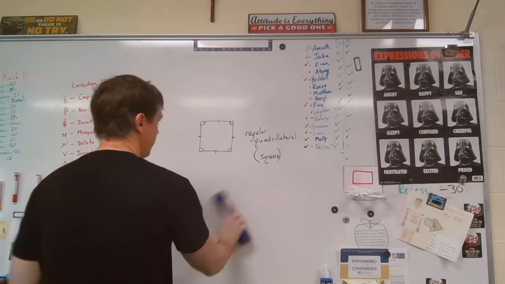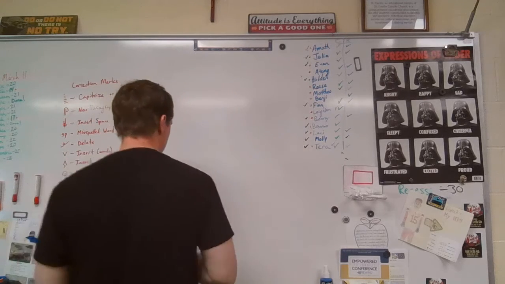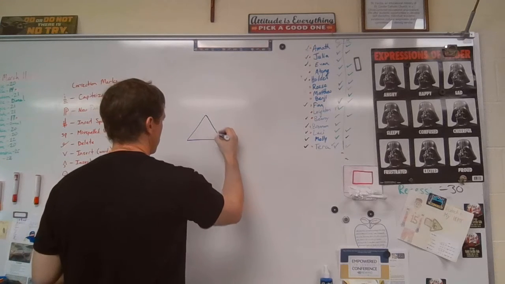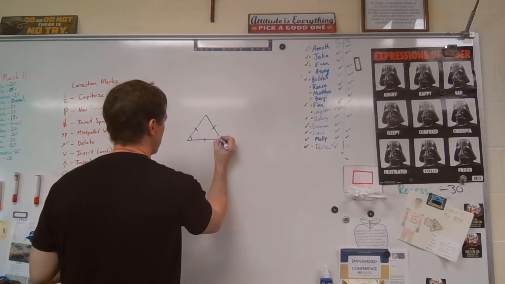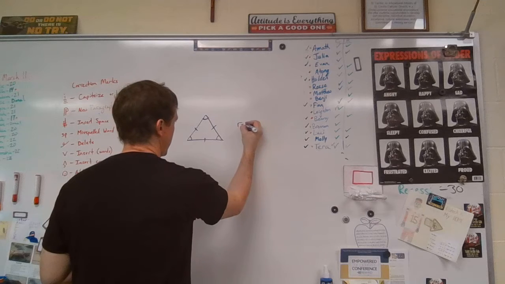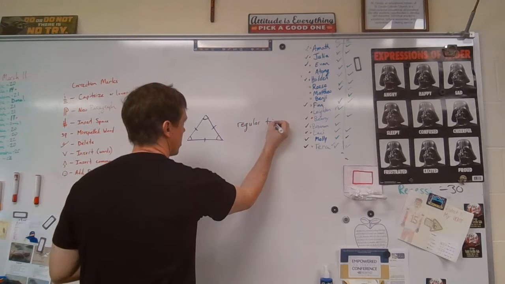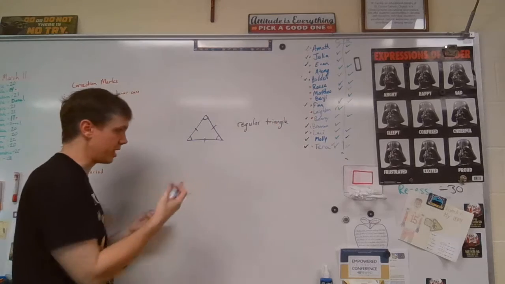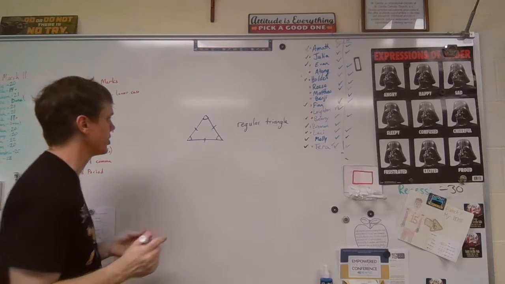So let's make a new one. Let's say I have this shape here, and we're going to pretend like those are all the same. Okay, so this would be a regular triangle. It's also called an equilateral triangle, but we'll talk about that in a later chapter.